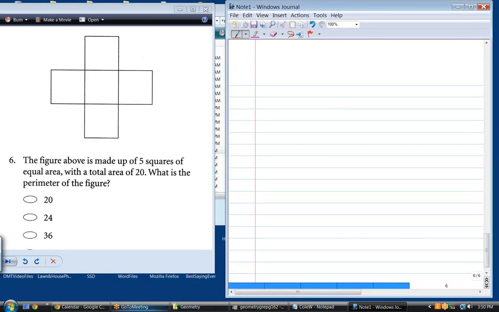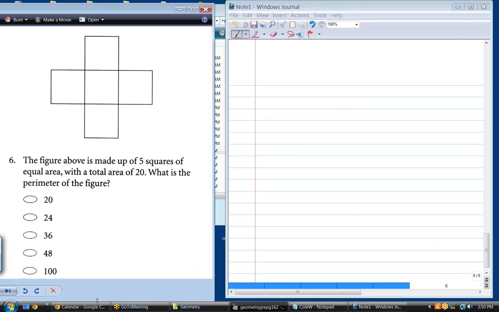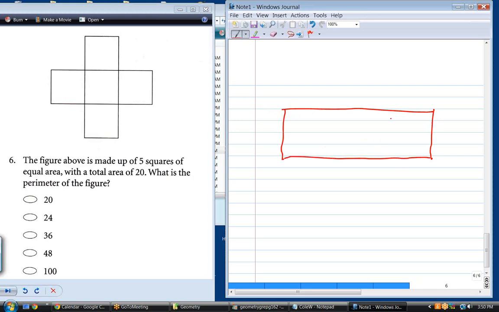Number 6. What do you have to do here? First of all, you know the definition of area, and the perimeter is just the distance around.